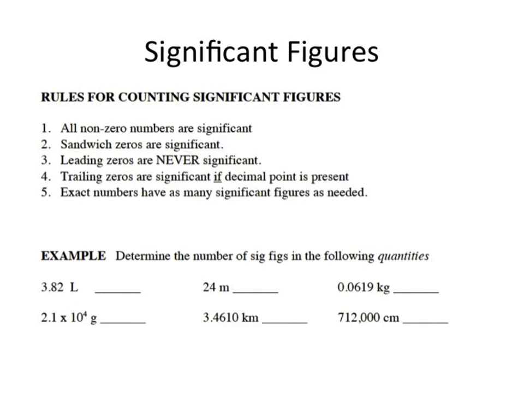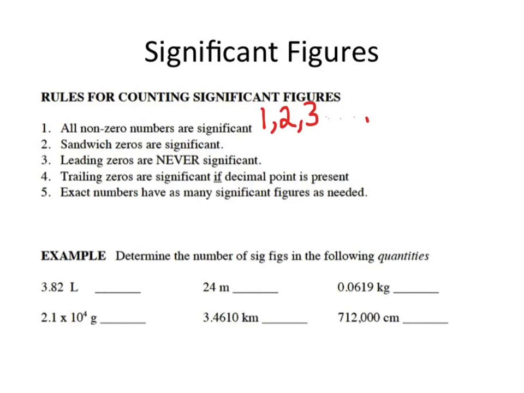So, rules for significant figures. All non-zero numbers are significant. So non-zero numbers, 1, 2, 3, etc., are going to be significant. Sandwich zeros are significant. So what is a sandwich zero?